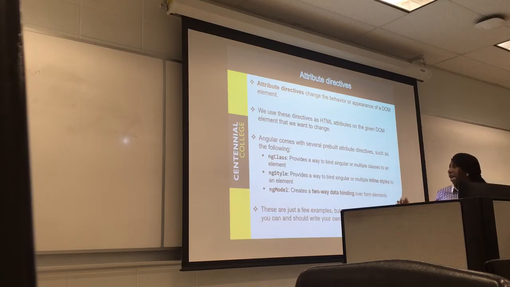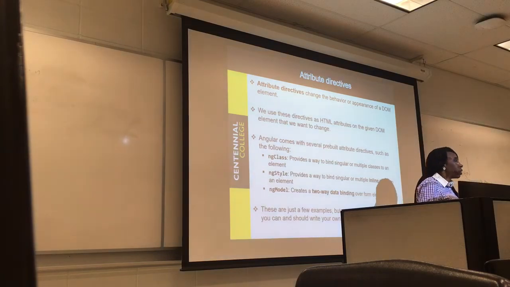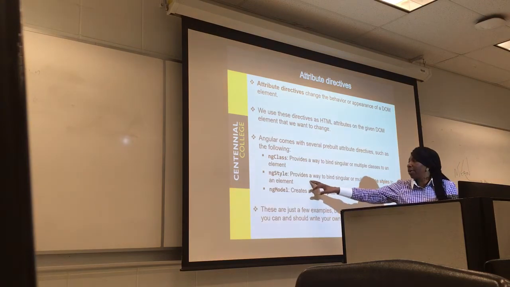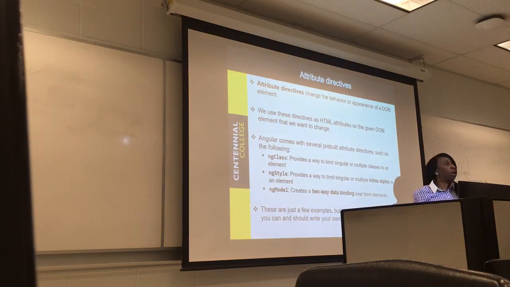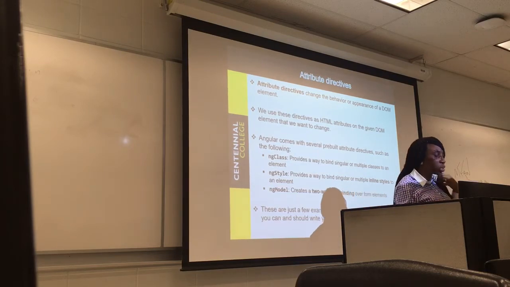The ng style, we have our CSS, right? So it is the ng style that helps to bind all our CSS, whether you have single or multiple or inline styles on any of the elements, which we'll see as we proceed.